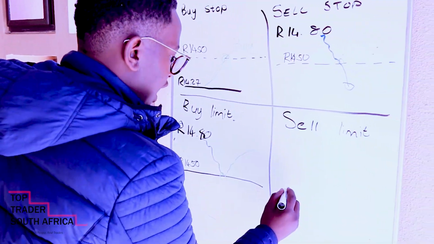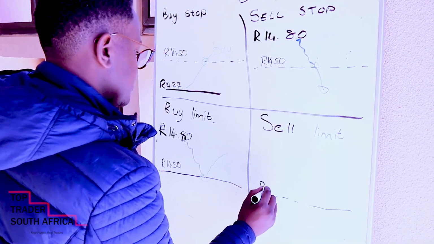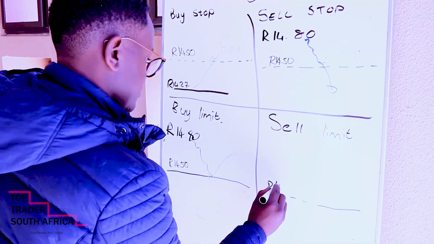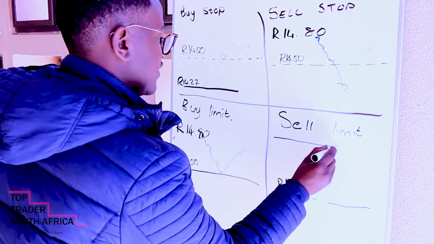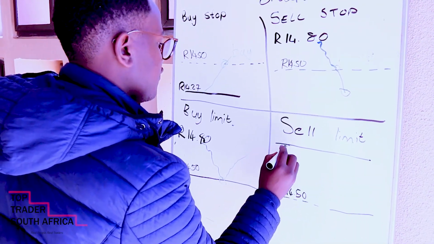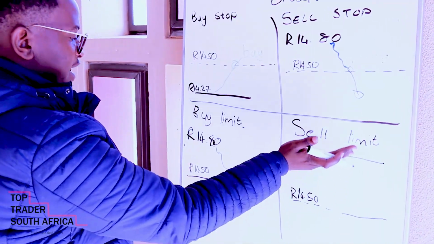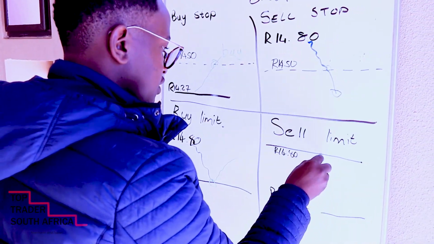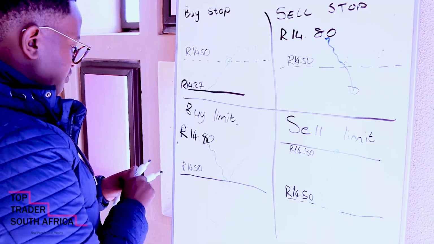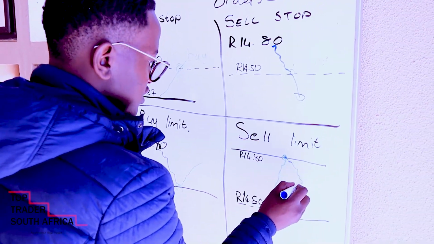Same thing with the sell limit. You'll be at this price over here of 14.50, right? And you believe that if you can reach a price of 14.80, the market will find that as a ceiling. So the market will go, hit this ceiling of a price, and once it's hit that ceiling, then it will continue going down.